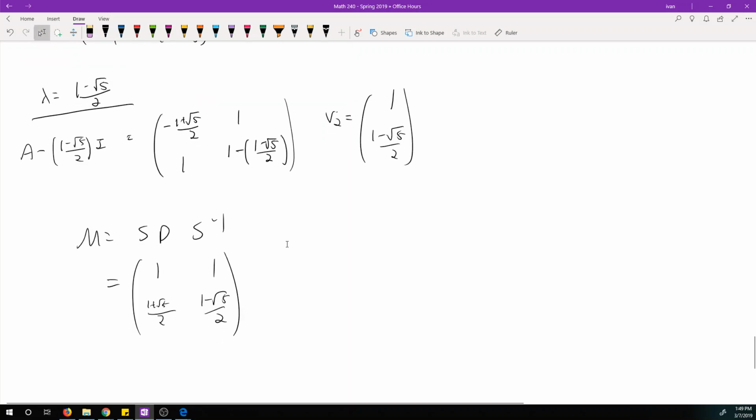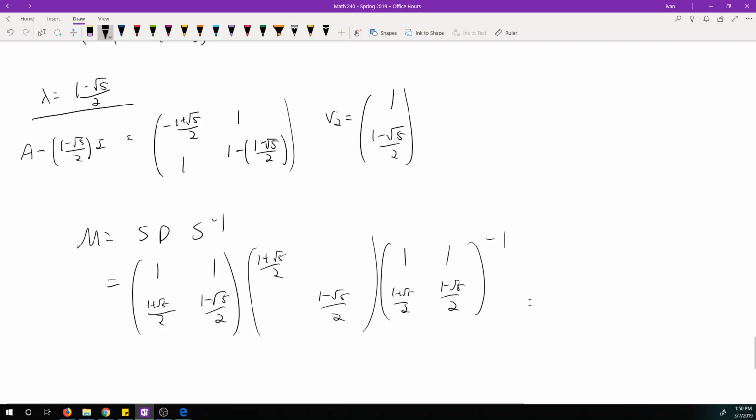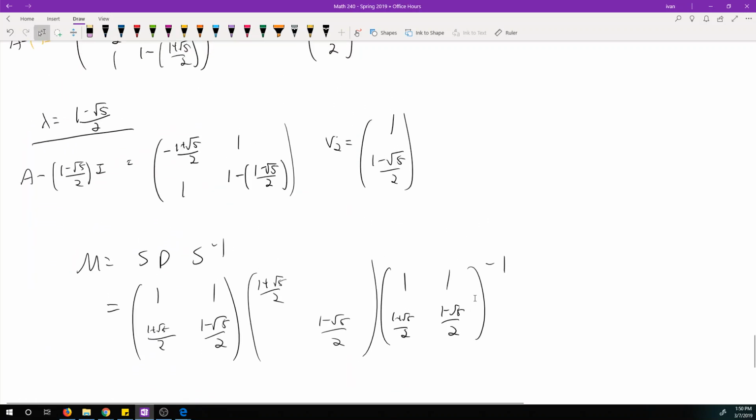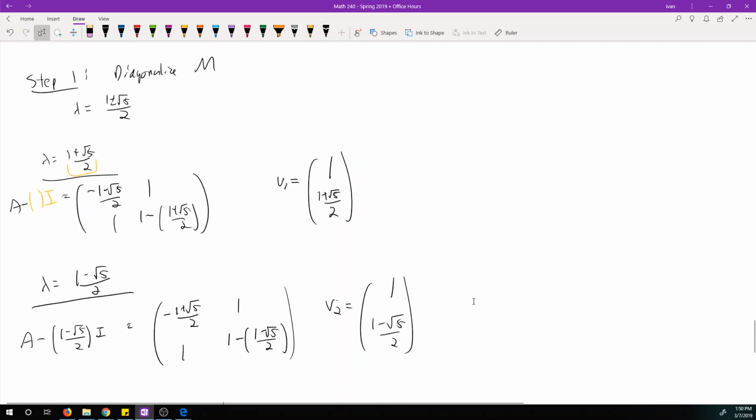And then D is 1 plus root 5 over 2, 1 minus root 5 over 2, and then S inverse. Right, so you got to take the inverse of S at the end there, and just to make sure I have the right eigenvalues and eigenvectors. I think that's right.